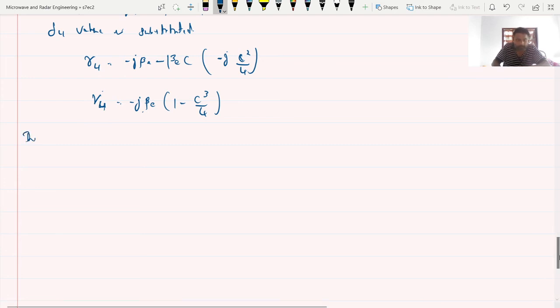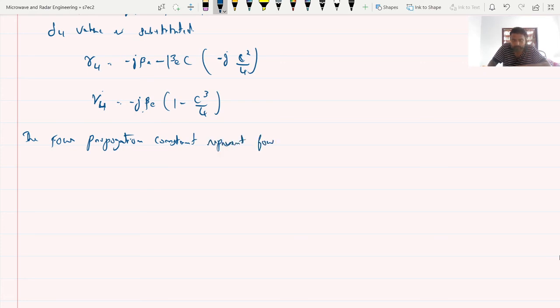The 4 propagation constants represent 4 different modes of wave propagation in the O type helix traveling wave tube.